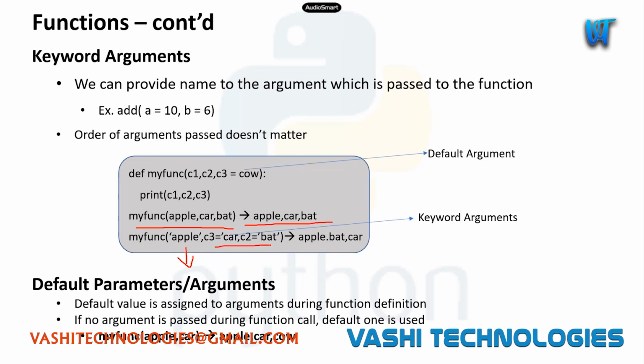We can do this as well. We can pass a mix of arguments and keyword arguments. So now it's printing apple, bat and car, because these are keyword arguments and they will be printed in the same order. One thing we need to make sure of is that keyword arguments should always be declared at the very end while calling the function.